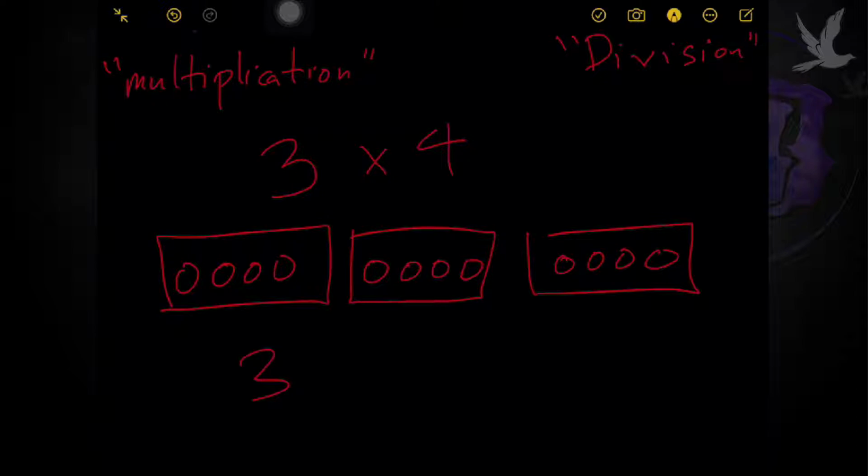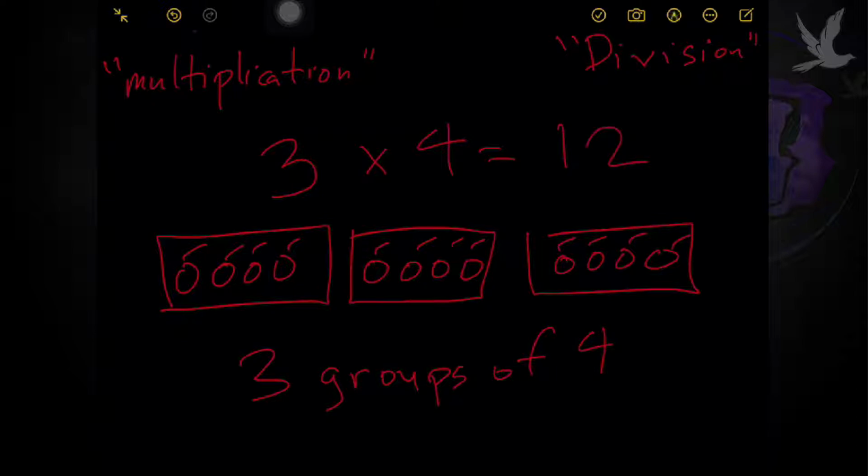So that's 3 groups of 4. And if you're going to count the total number of circles we have, 1, 2, 3, 4, 5, 6, 7, 8, 9, 10, 11, 12. The answer to 3 times 4 is 12.